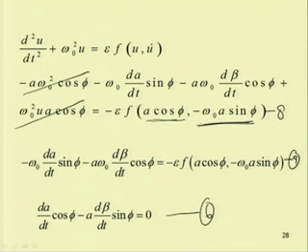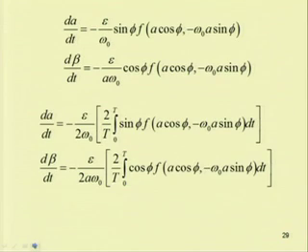Similarly, by multiplying by sin phi and by omega 0 cos phi, we can eliminate two terms and get the expression for dA/dt. So dA/dt equals minus epsilon by omega 0 sin phi times f(a cos phi, minus omega 0 a sin phi). Similarly, dβ/dt equals minus epsilon by a omega 0 cos phi times f(a cos phi, minus omega 0 a sin phi).